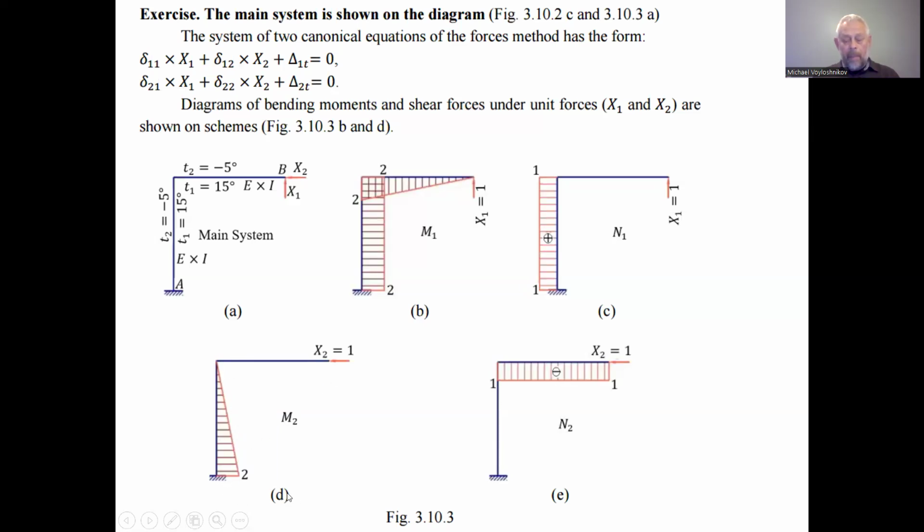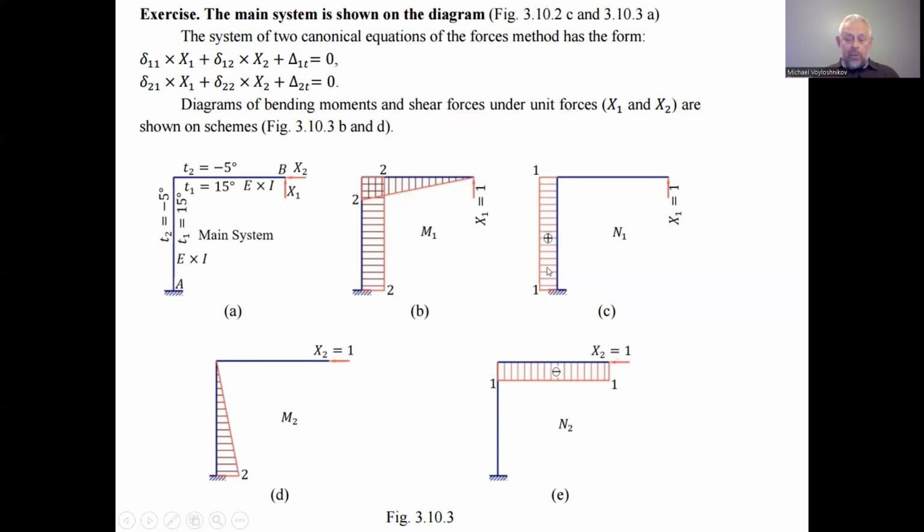As well, for the longitudinal forces under the leftward action of the unit force applied in the point B, we have an even distribution, because the element is compressed, so we assume this is with a minus sign, even distribution of the longitudinal force in the horizontal element when we apply the unit force leftward to the point B.